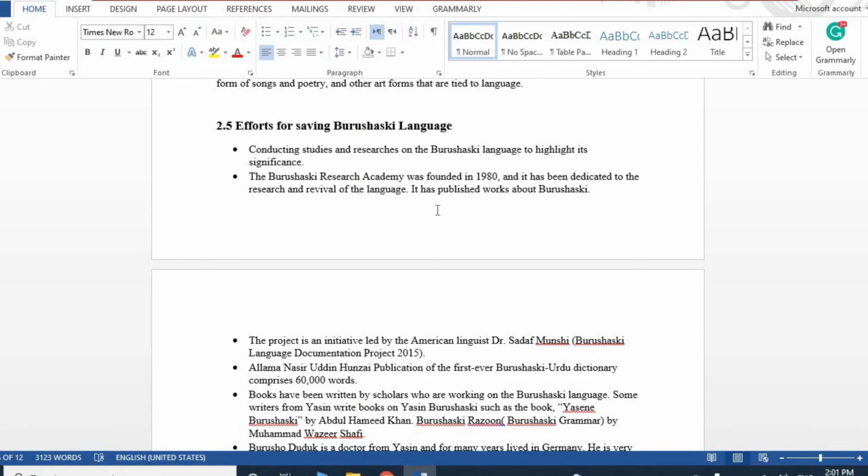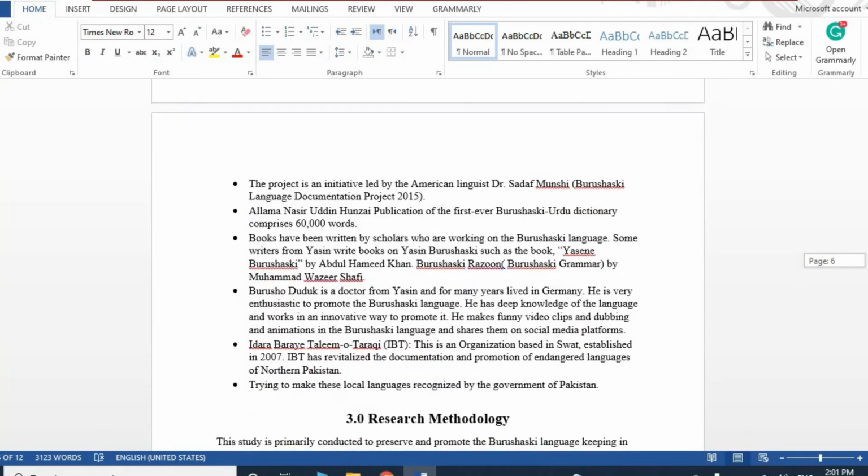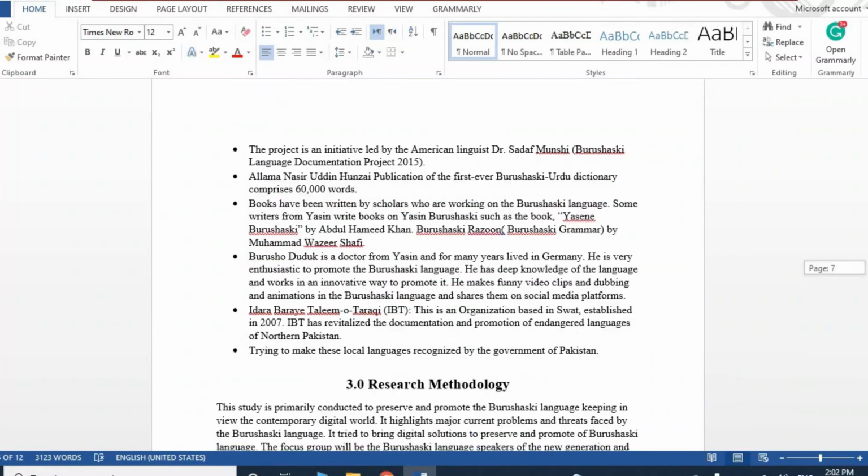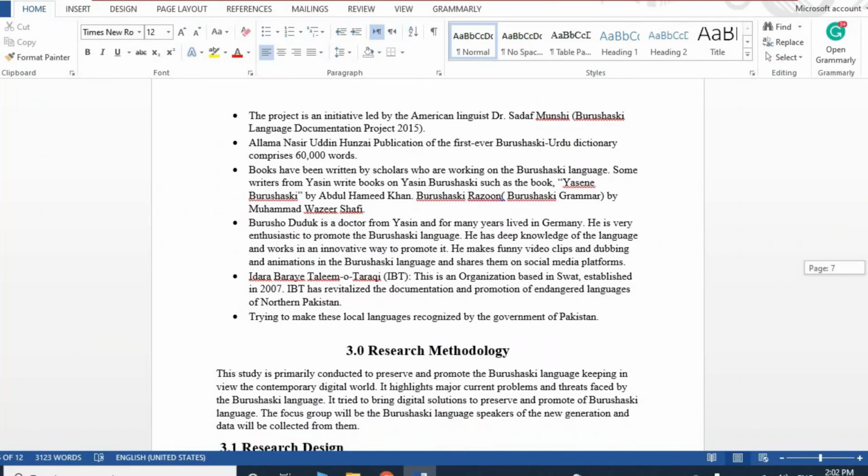The Burushaski Research Academy was founded in 1980, and it is dedicated to the research and revival of the Burushaski language, and publishes works in Burushaski. Another project is led by Dr. Sadaf Munshi, the Burushaski Language Documentation Project, back in 2015. And there is a Burushaski-Urdu dictionary written by Allama Nasiruddin Hunzai.